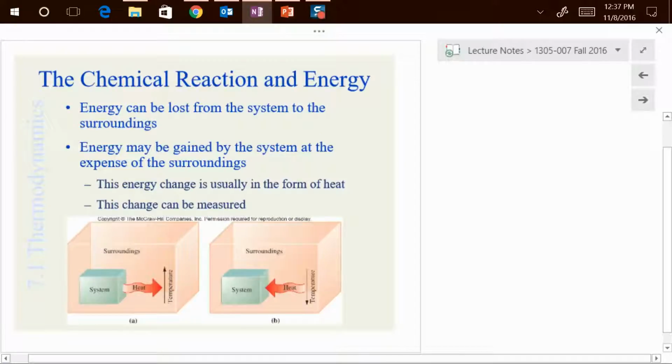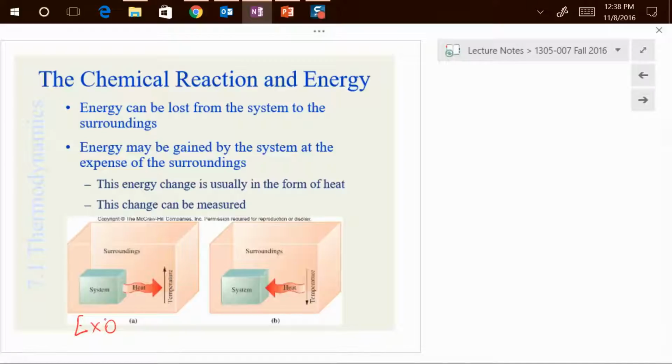So here we can see, here's a system, here's its surroundings. If the system releases energy, what's going to happen to the temperature of the surroundings? The temperature of the surroundings will increase as the system is losing energy. So if the system loses, we say that's exo. Well, how would I describe the temperature of the system then?